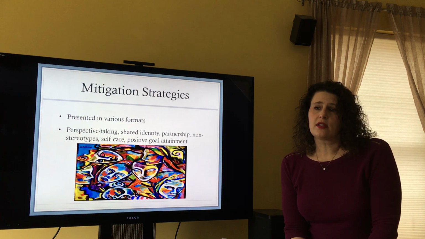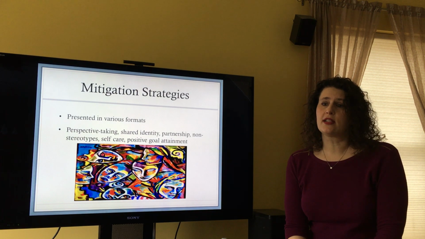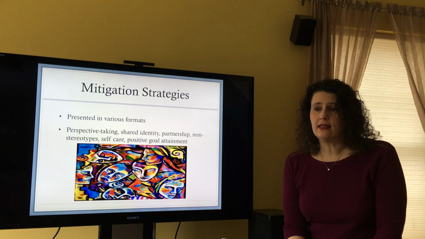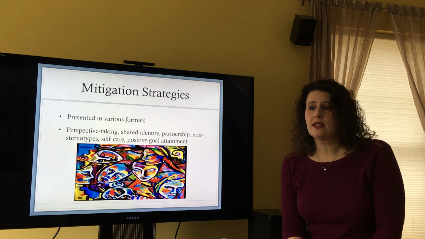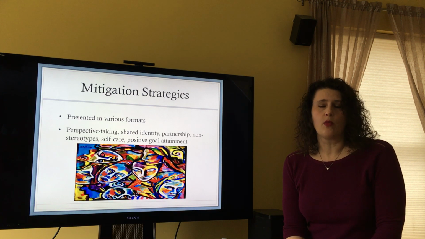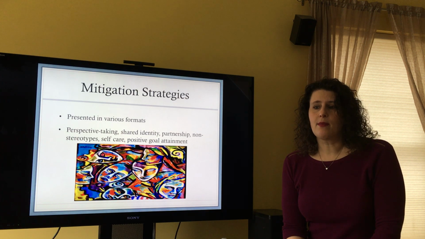The web quest instructs on the concept of implicit bias and provides a link for the learner to take the IAT. Education on various mitigation strategies such as perspective taking, developing a shared identity, making patients partners in their care, being mindful, exposing oneself to images and experiences that are not stereotypical, such as women as leaders, engaging in self-care, and making positive goal attainment a habit.